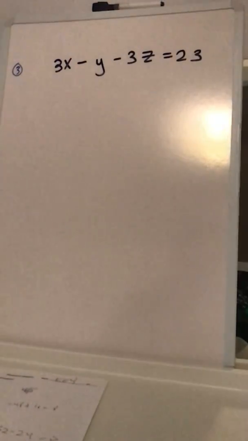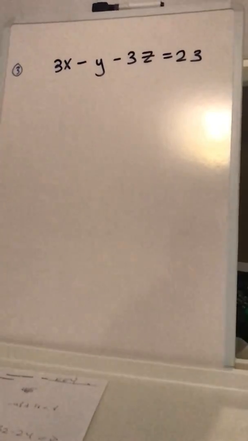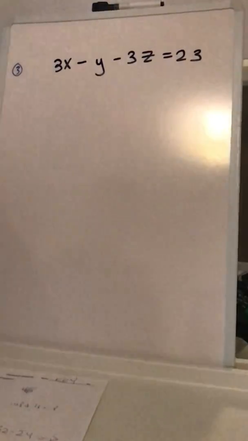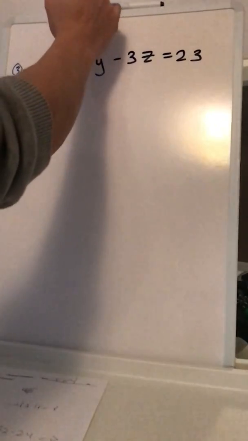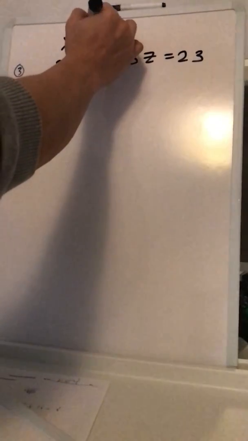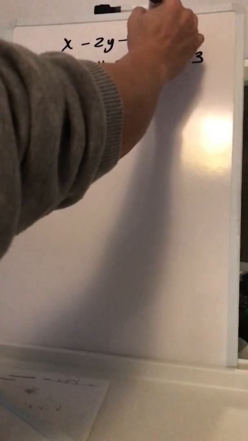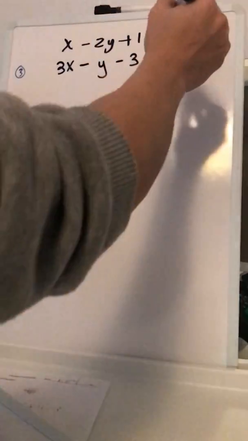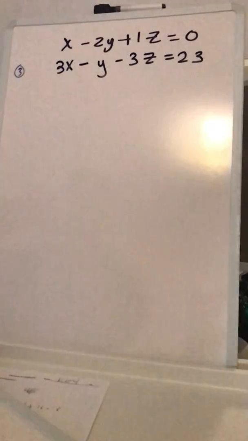Now I have to pick either equation 1 or 2 to put next to it. Let's use equation 1 just because it's 1. I'm going to rewrite equation 1. It doesn't matter if it's the top or bottom, but I'm just going to put x minus 2y plus 1z equals 0. That was equation 1.